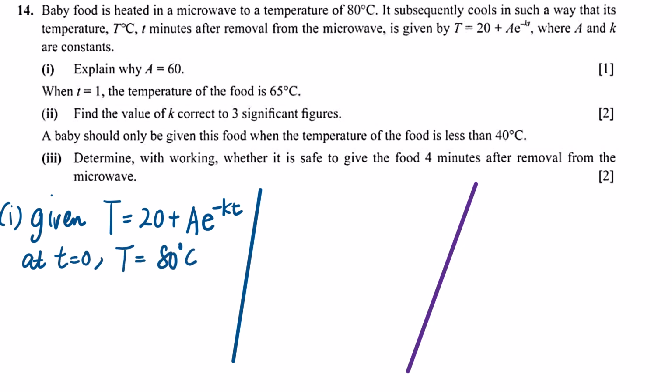So we're going to substitute that into the equation given. If you substitute t to be 0, e to the power of negative k times 0 will give you e to the power of 0, and e to the power of 0 is equal to 1.